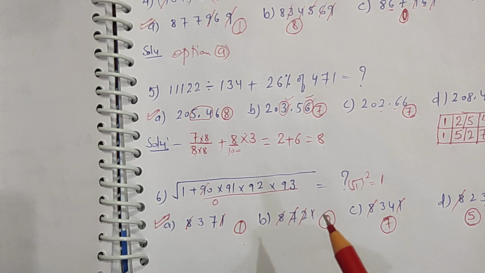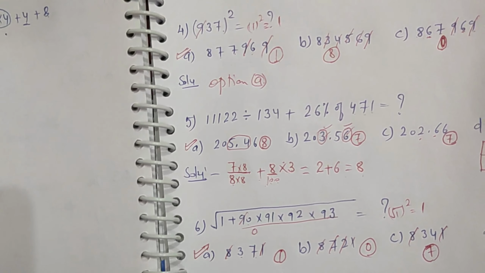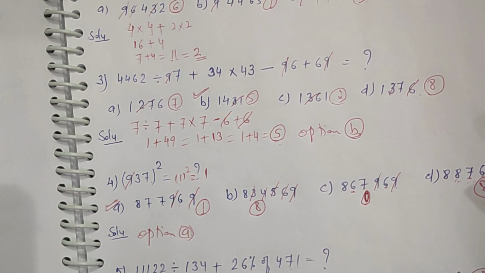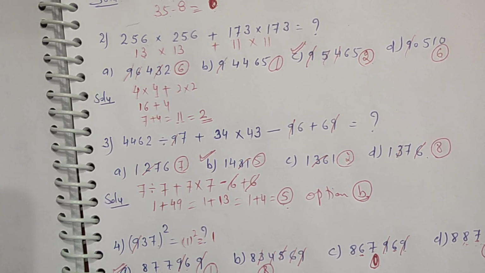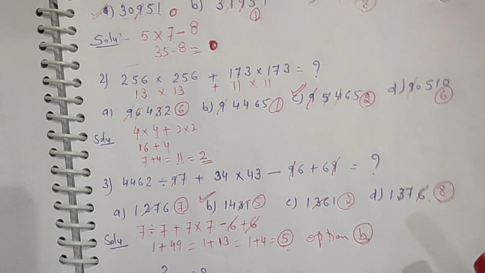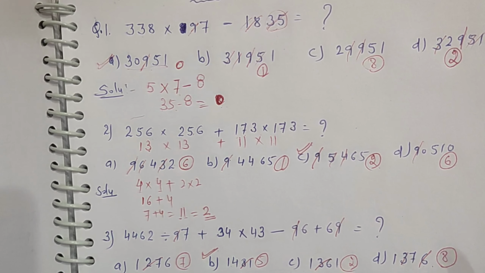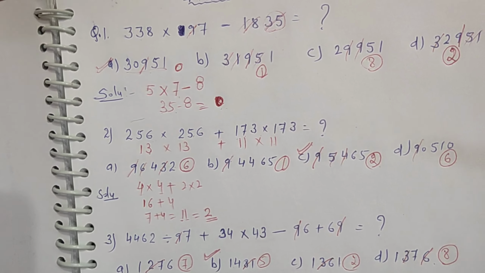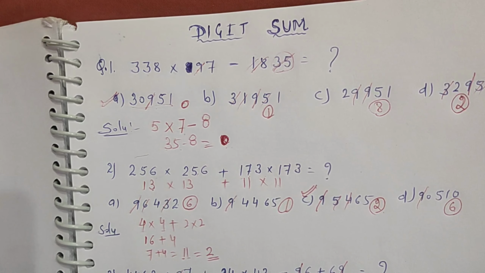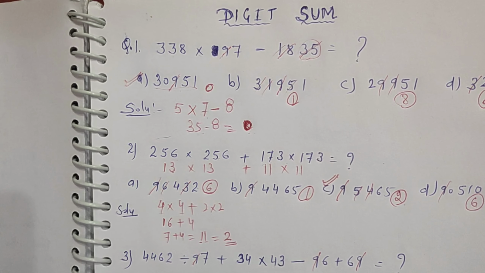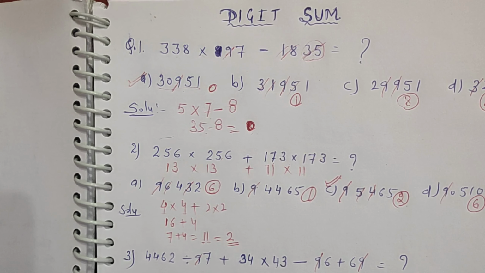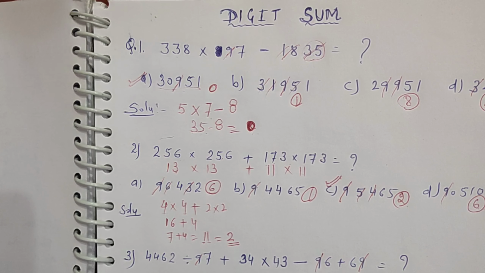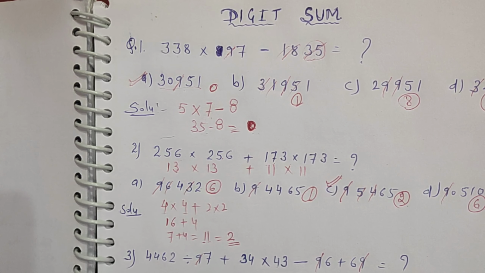First, you can use the calculator and you can check all these questions. Not only these, but many more complicated and problem sums can also be solved using this method. Okay, hope you know what is digit sum. Yes, remember, digit sum is nothing but it is the remainder we get after dividing any number by 9.